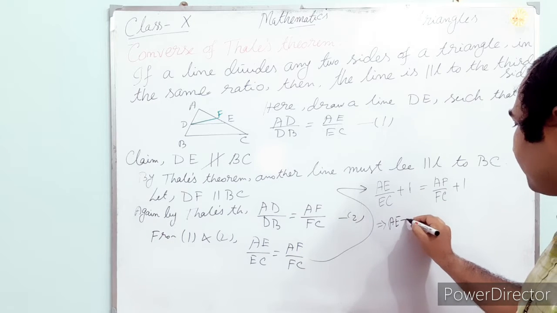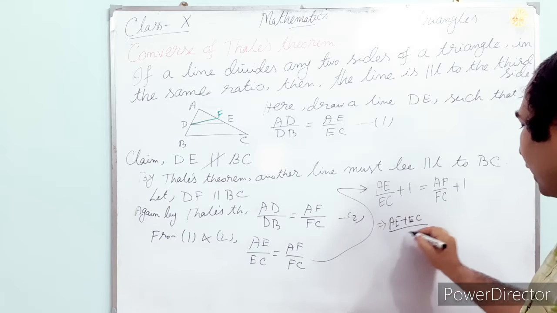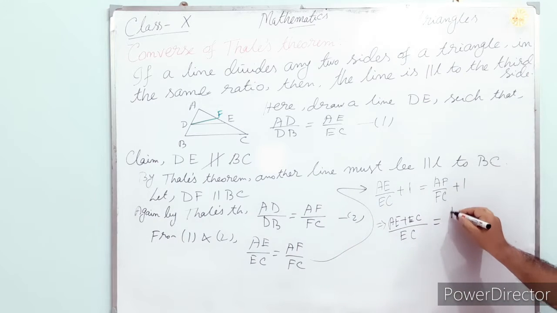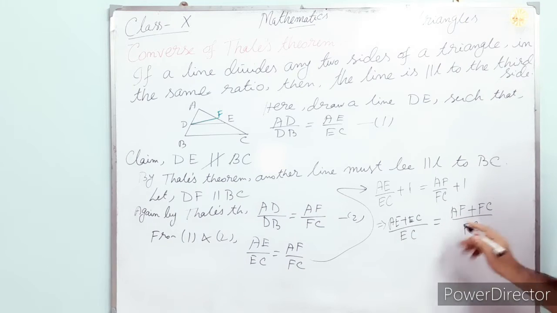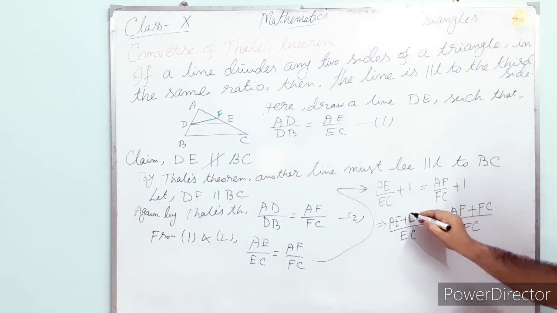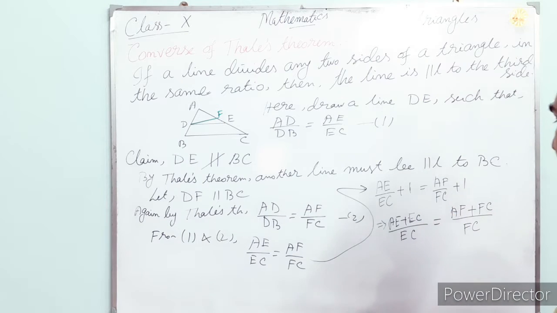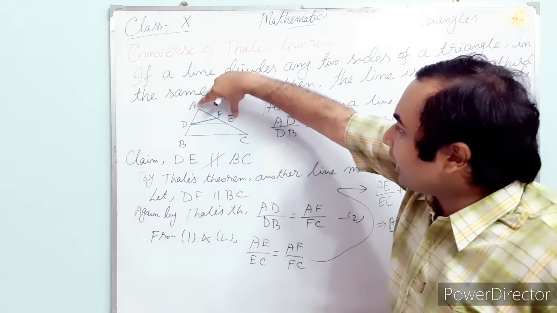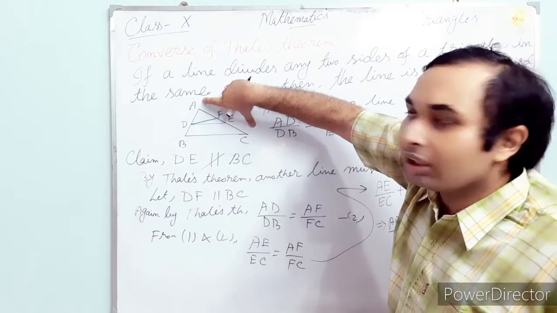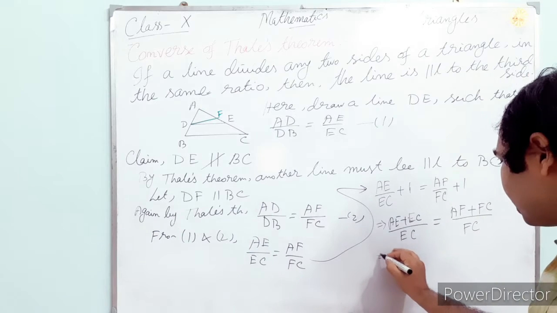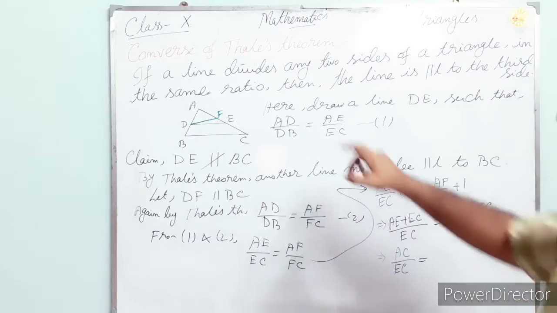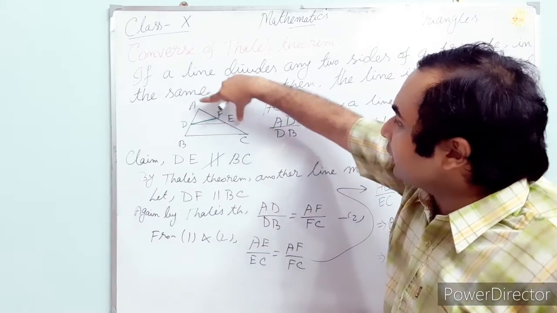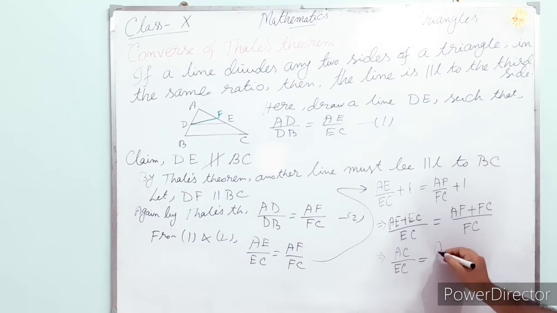So AE plus EC by EC is equals to AF plus FC by FC. AE plus EC gives the total AC, and AF plus FC gives AC again. So AC by EC is equals to AC by FC.